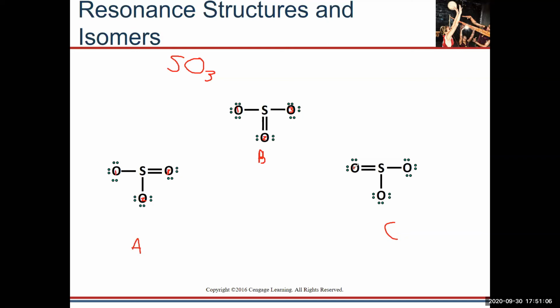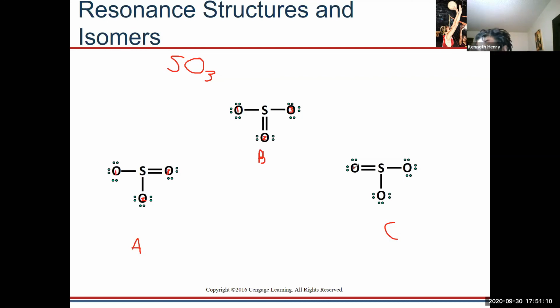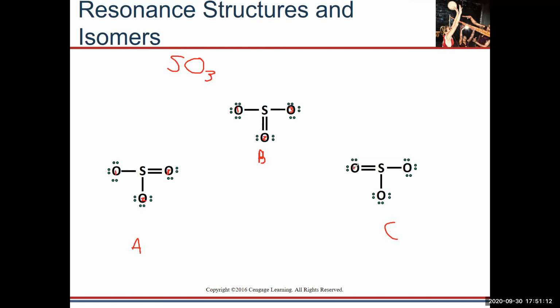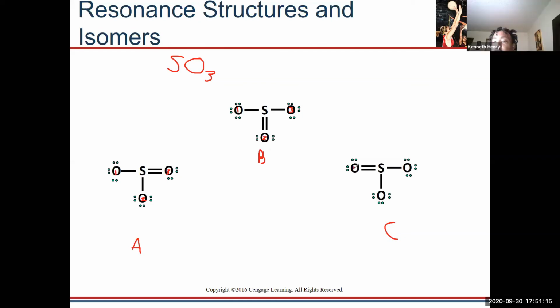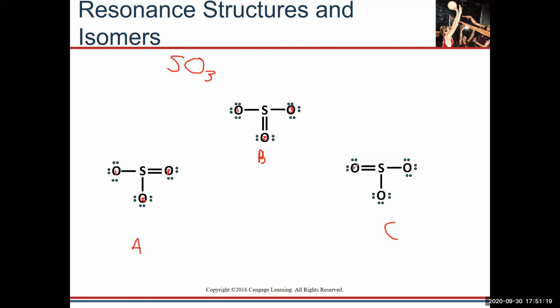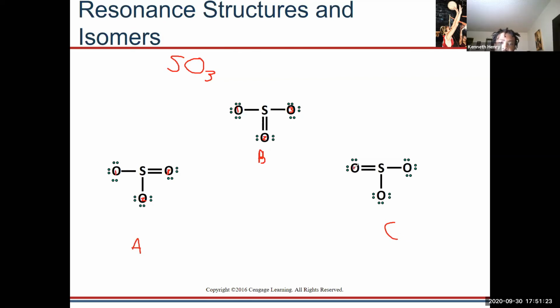Aren't there really double bonds in all the images, Professor? What was that? Isn't there a double bond in every one of those images? Yeah, but look where the double bond is located, okay? And the fact that that double bond is located in different locations is what makes it resonance.